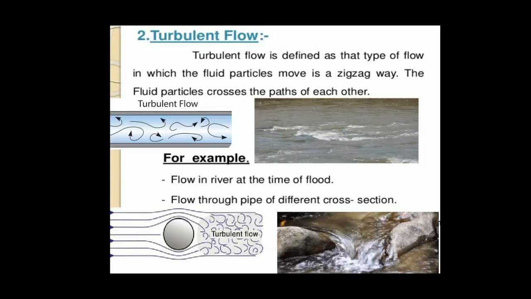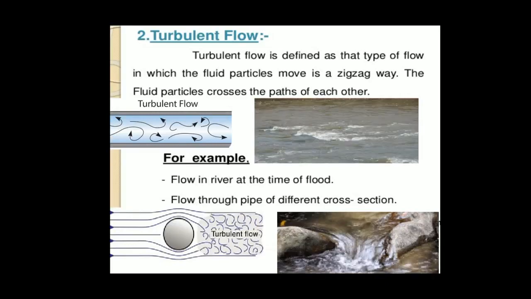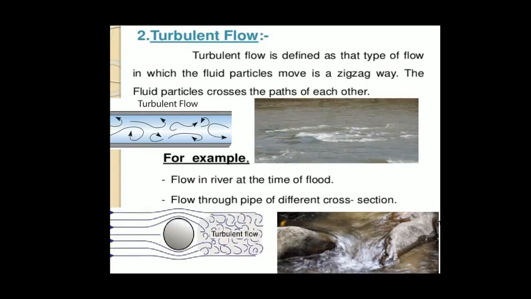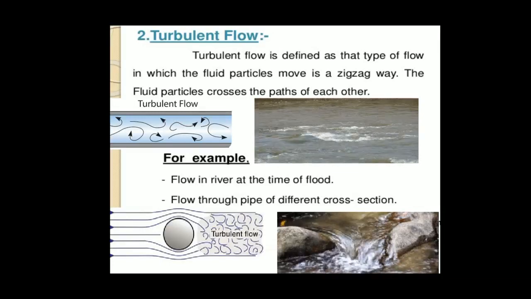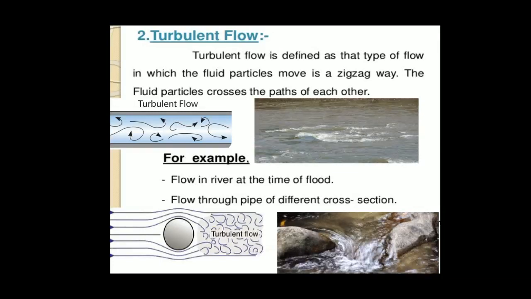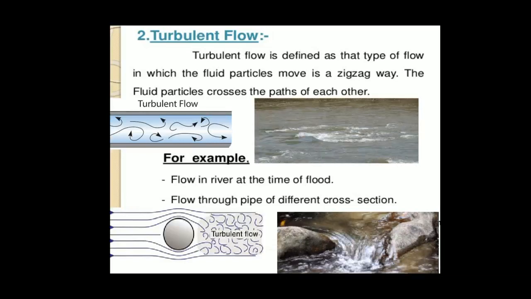Then the motion of the fluid becomes irregular or disordered, and this is called turbulent flow. In turbulent flow, the velocity of the fluid is very high, greater than the critical velocity or critical speed, and it does not remain constant. The velocity is different both in magnitude and direction, so the fluid particles move randomly in all directions with different speeds.